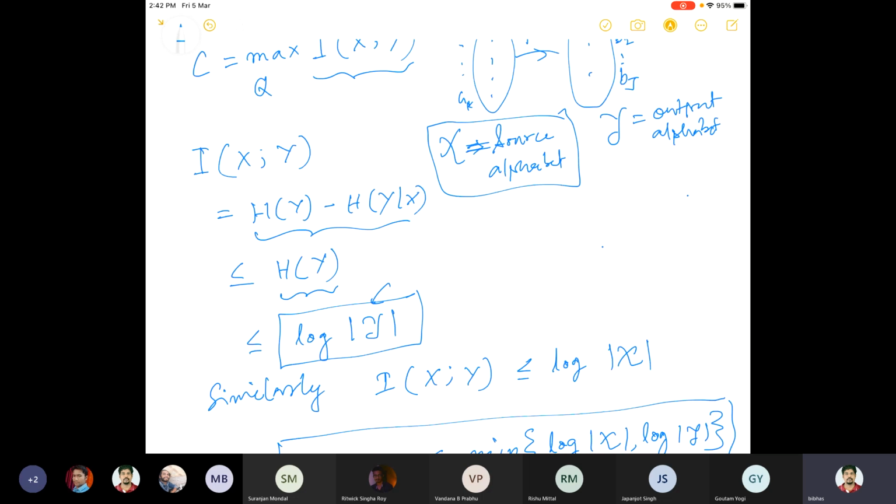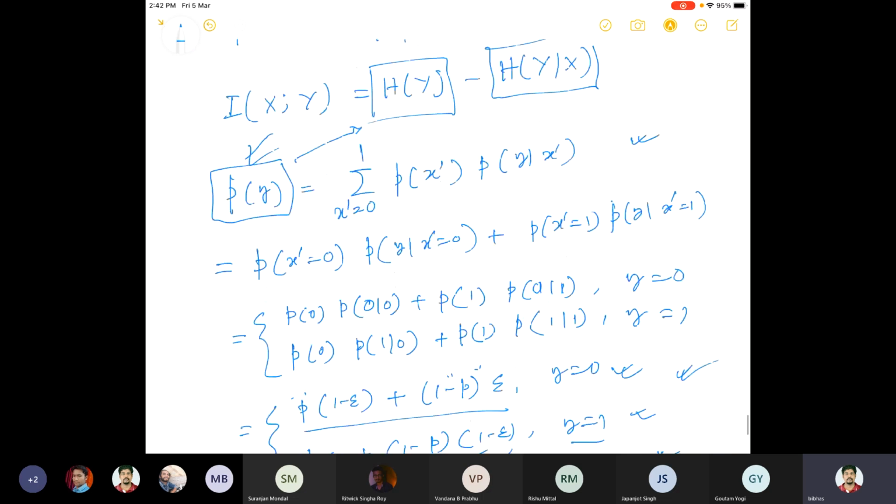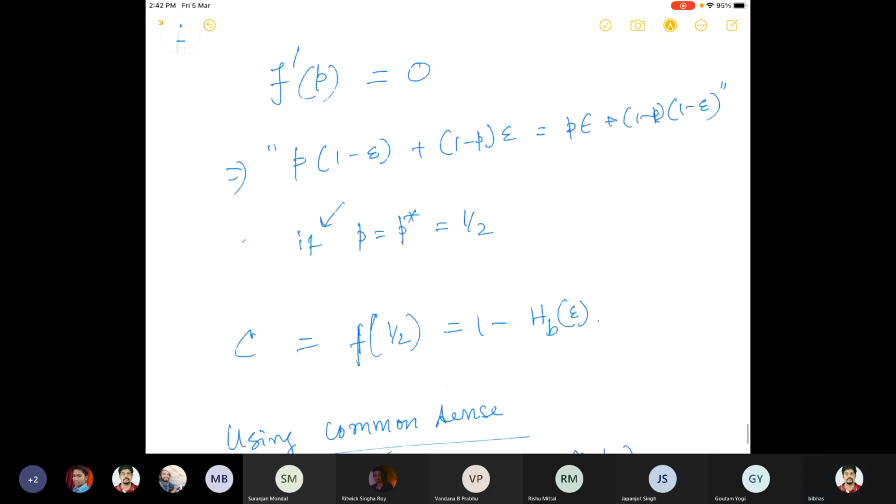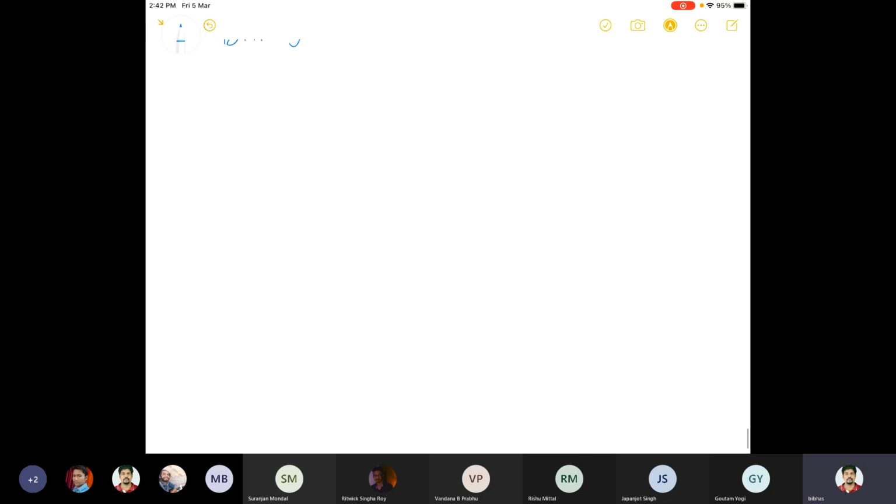We proved this when we talked about entropy, that entropy is always less than or equal to log of the number of sample points. So you can see my lecture notes, or you can search it on Google. Okay, so binary eraser channel.